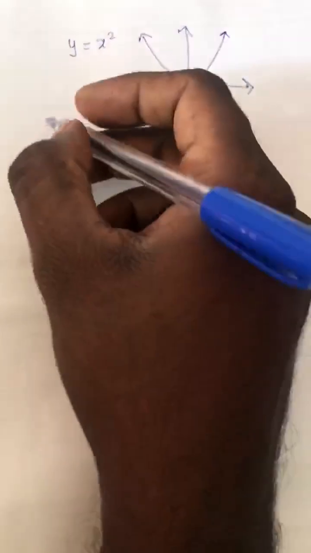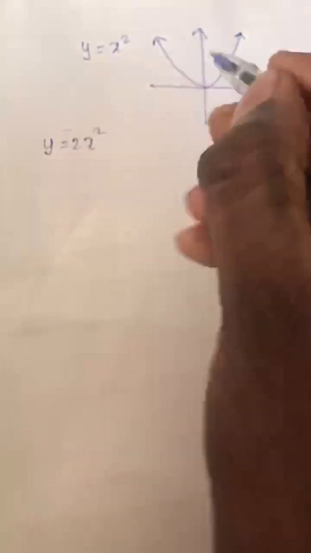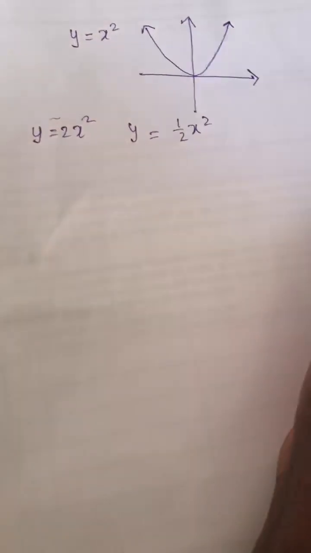So using this we can transform into a normal quadratic function, just like y equals 2x squared, y equals half x squared.